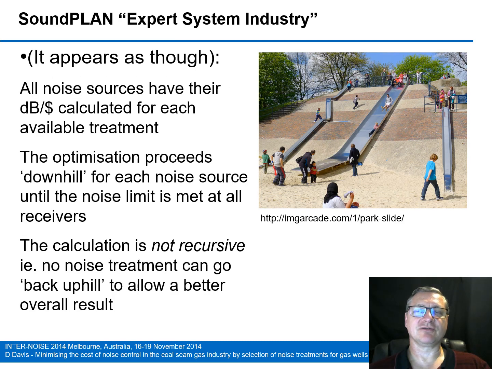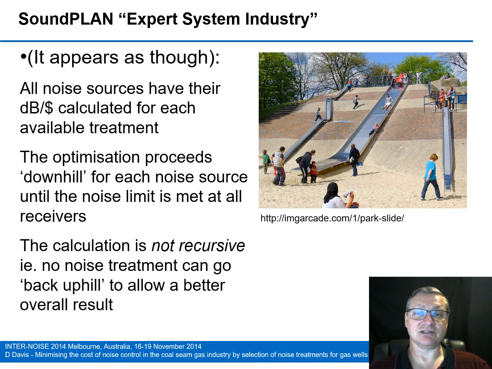The SoundPlan software has a module called the Expert System Industry, and it seems as though the way this module works is this. It seems as though all of the noise sources have their decibels per dollar calculated for each of their available treatment options. The optimization then proceeds downhill, so to speak, mathematically for each noise source until the noise limit is met at all receivers.